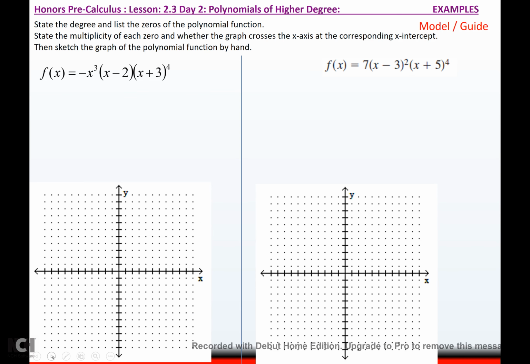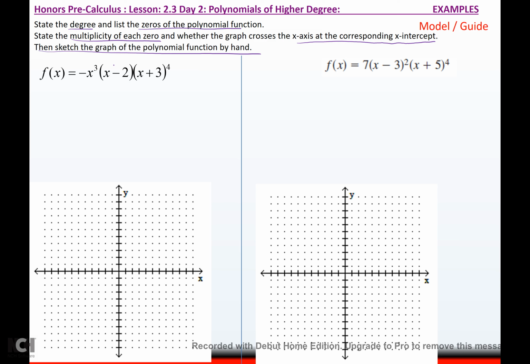Okay, so it says sketch the degree and list the zeros of the polynomial function. State the multiplicity of each zero and whether the graph crosses the x-axis at the corresponding x-intercept. Then sketch the graph of the polynomial function by hand. So the first thing we need is the degree and the zeros of the polynomial.